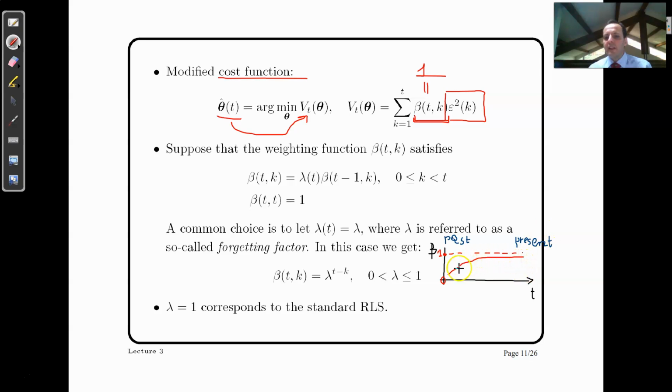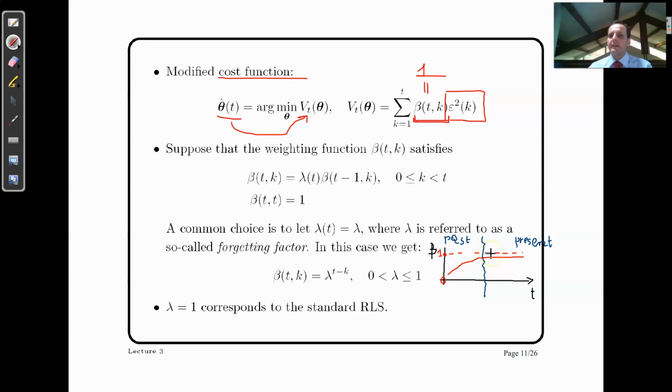If you follow here, I can put a partition between present and past. In the past, the beta function goes asymptotically to 0.